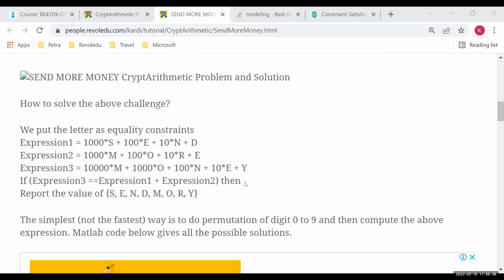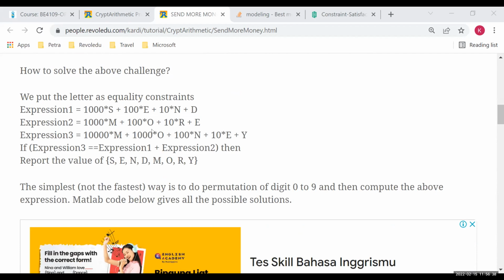So when we say SEND plus MORE equals MONEY, that means expression 1 plus expression 2 equals expression 3. And then we want to find out the value of S, E, N, D, M, O, R, and Y.